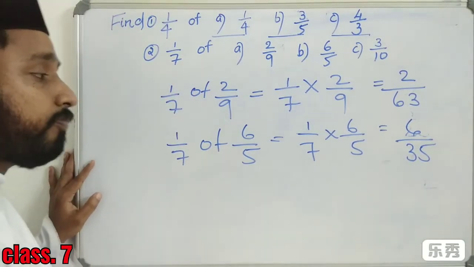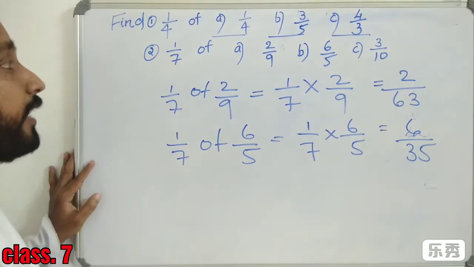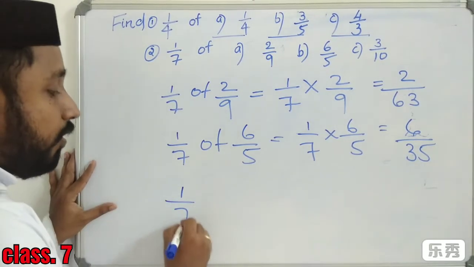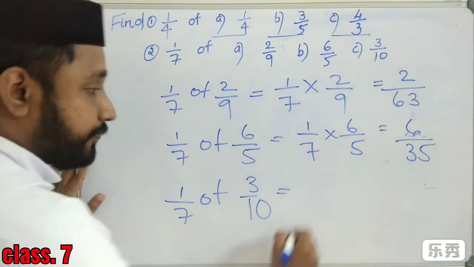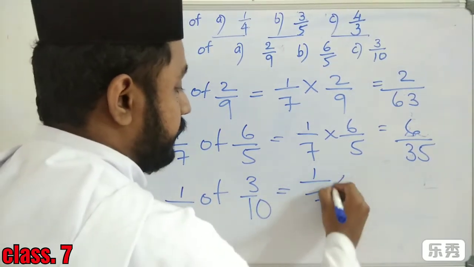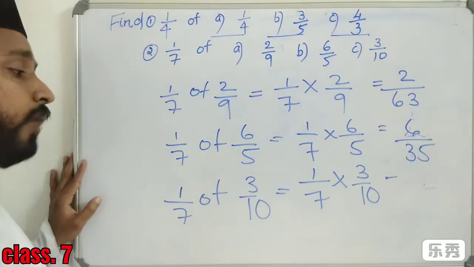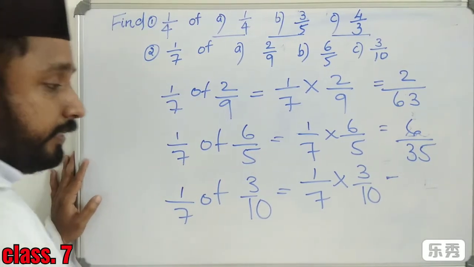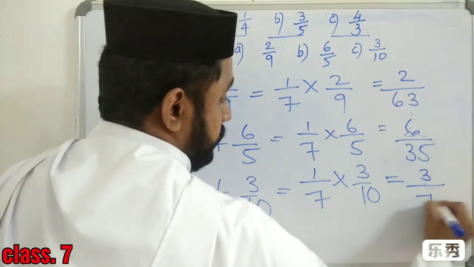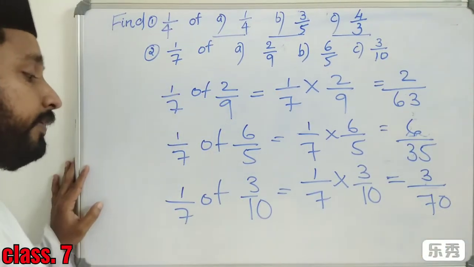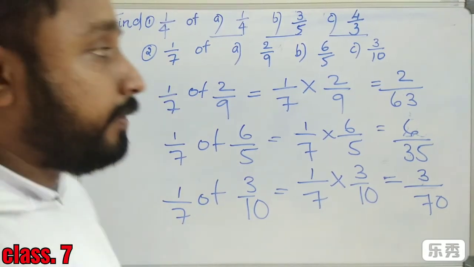Last one, 1 by 7 of 3 by 10, which is equal to 1 by 7 into 3 by 10, which is 1 into 3, 3, 7 into 10, 70. So 1 by 7 of 3 by 10 is equal to 3 by 70.